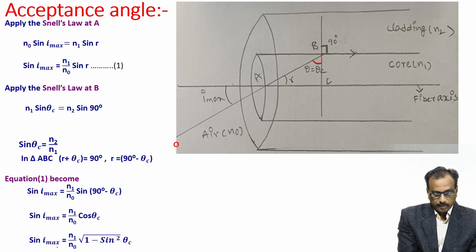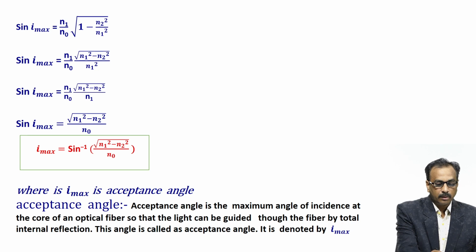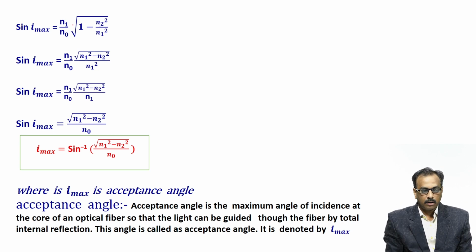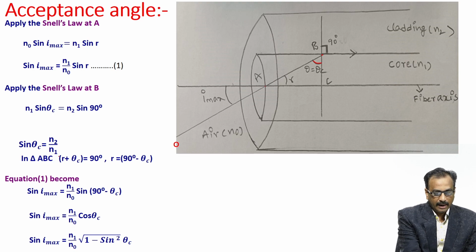Then sin i maximum equals n1 by n0 times cos theta c, and I can write cos theta c as root over 1 minus sin square theta c. Sin i maximum equals n1 by n0 root over 1 minus n2 square by n1 square, because sin theta c equals n2 by n1.